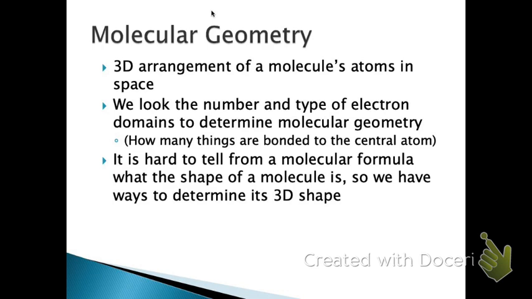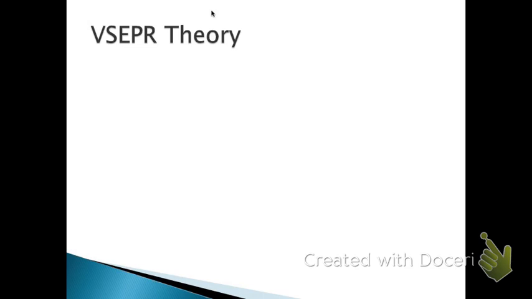So we're going to use something called Vesper Theory, which is a way for us to determine the shape of the molecule. Okay. In order for us to determine the shape of the molecule, we're going to use what is called Vesper Theory. And I know that's not really what it says. I know it says VSEPR, but the easiest way for me to say it is Vesper Theory.